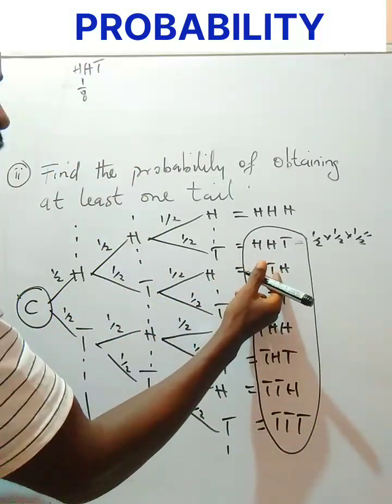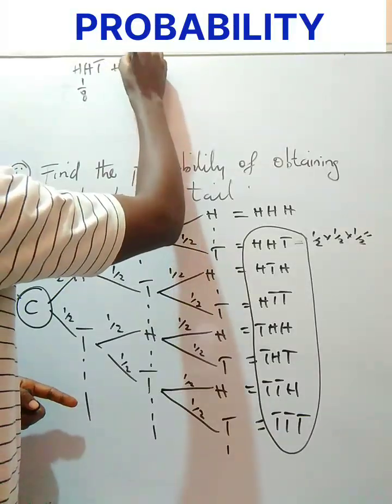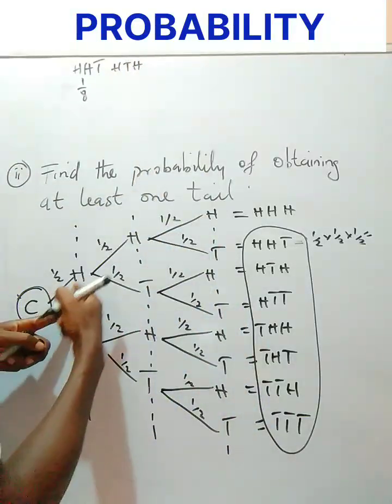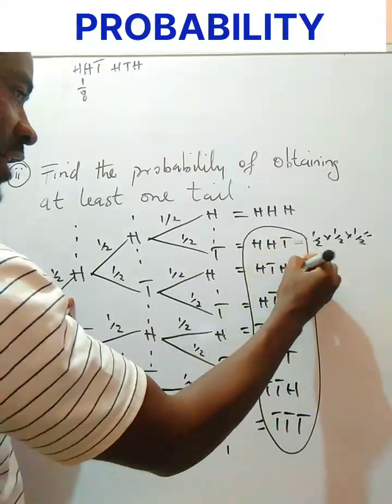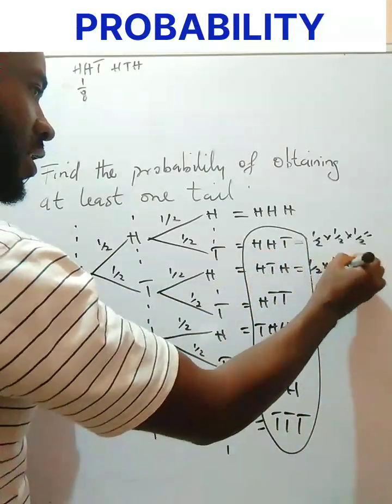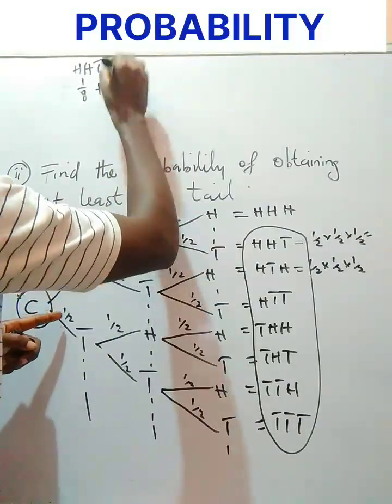The next one is HTH. Everything is also half times half times half, so that will also give us 1 over 8.